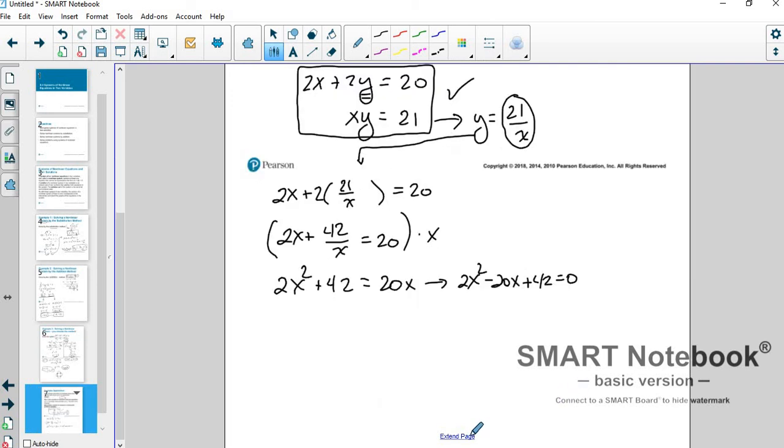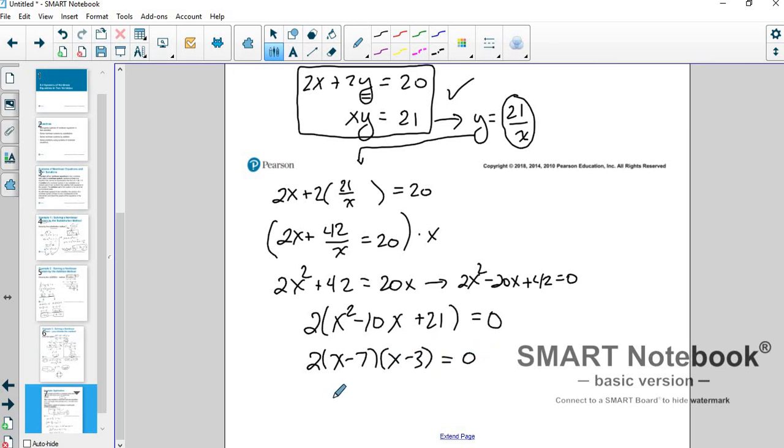And I get 2x squared minus 20x plus 42 equals 0. There's a common factor of 2 here. Pull out the 2, get x squared minus 10x plus 21, and it turns out that factors. x minus 7, x minus 3 equals 0, and so x equals 7 or 3, one or the other.